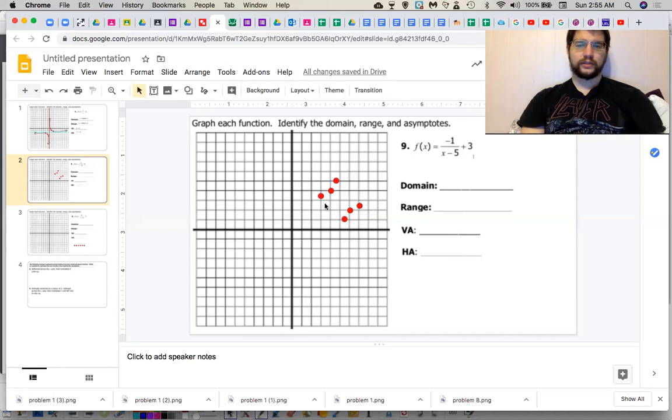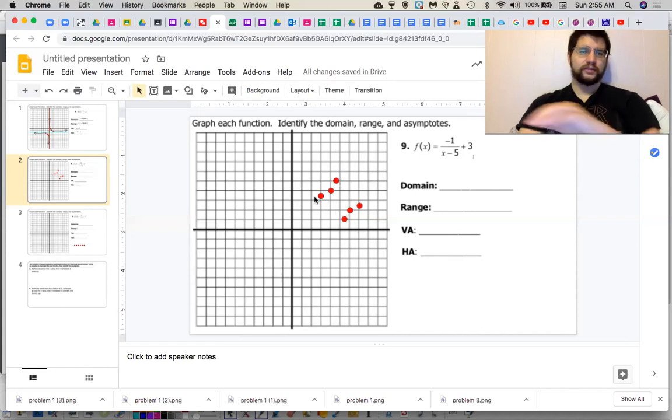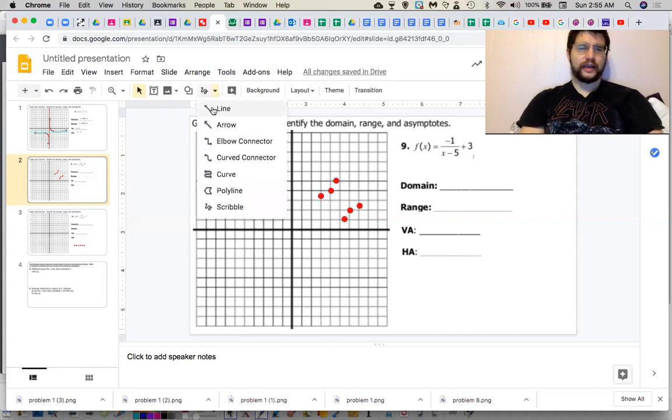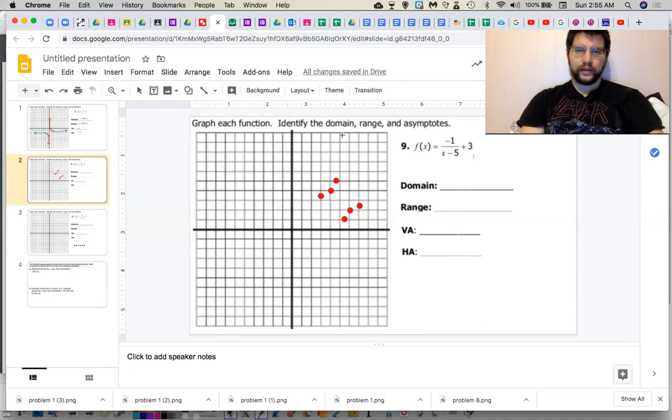That works. Now the asymptotes. And I'd probably say go ahead and draw them after you do all the flipping and shifting and whatnot, because they would go everywhere. So I'm going to select the line again. And it's going right here. Hold down command, shift so it doesn't go everywhere. And I'll do another one.